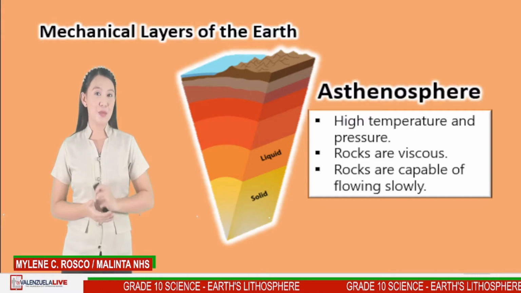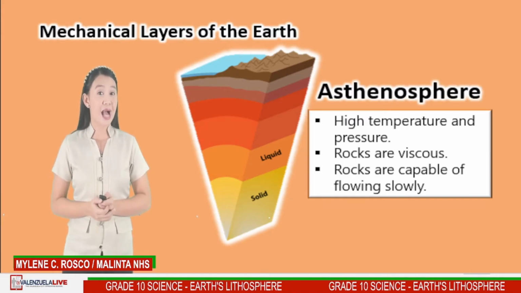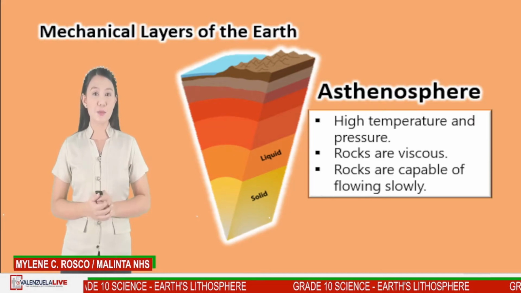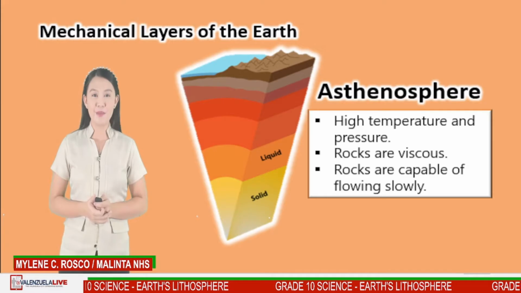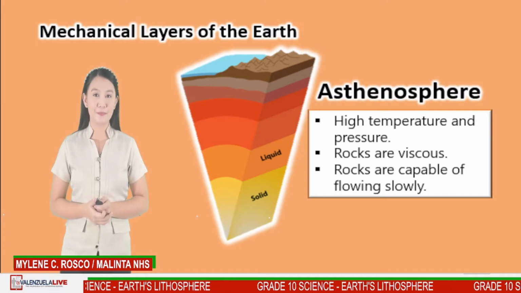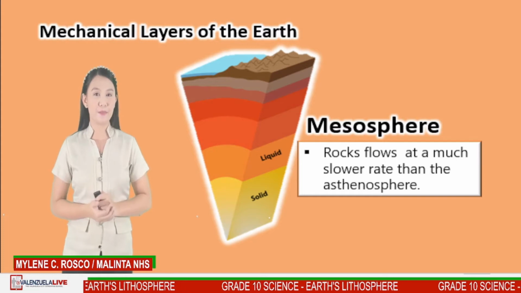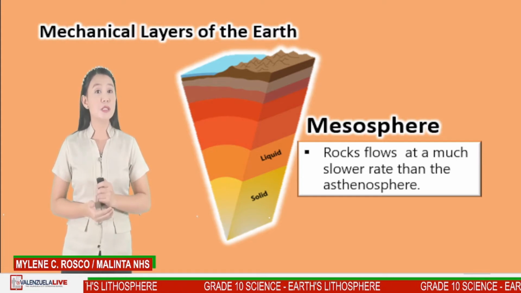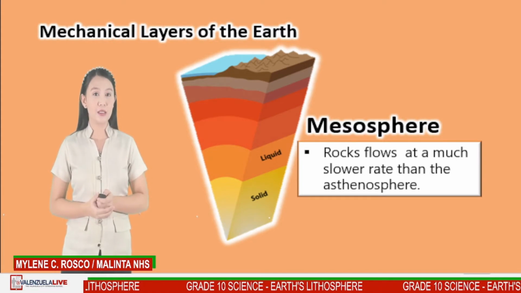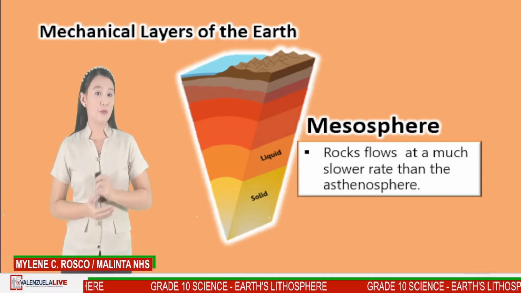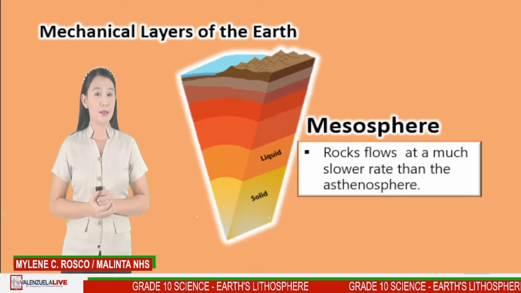The asthenosphere is characterized by its high temperature and pressure. Rocks at asthenosphere are viscous and are capable of flowing slowly. Third layer is the mesosphere. Mesosphere is sometimes known as the lower mantle. It is more rigid than asthenosphere and the rocks flows at much lower rate.